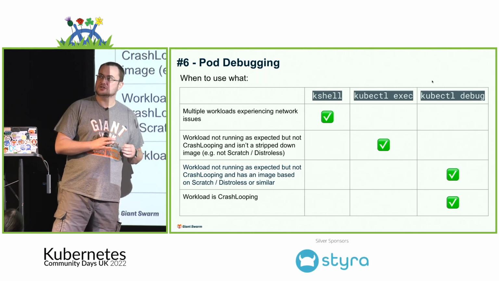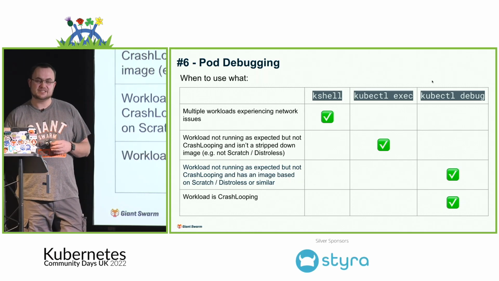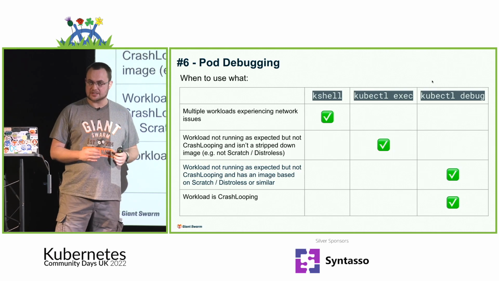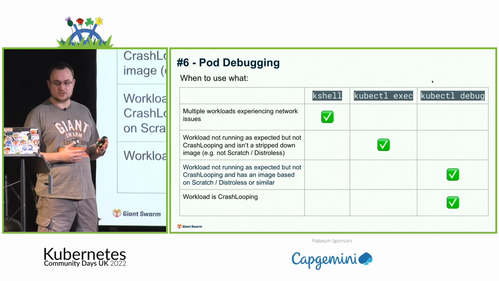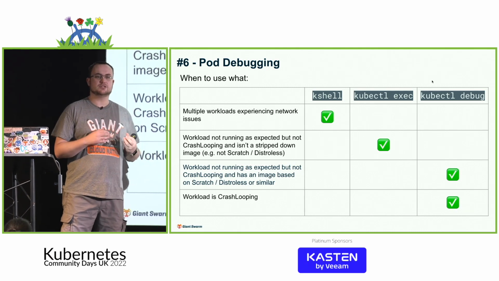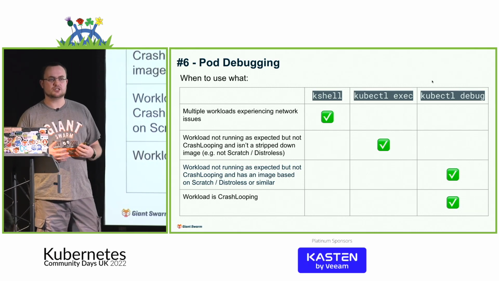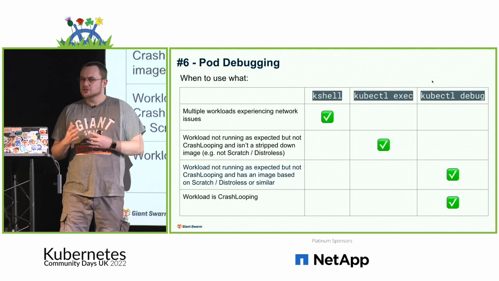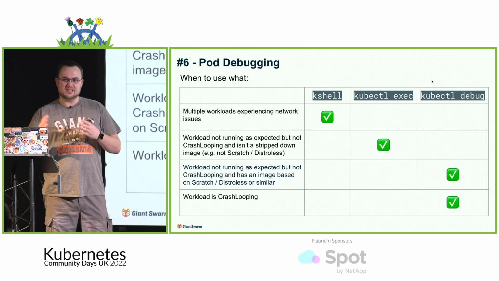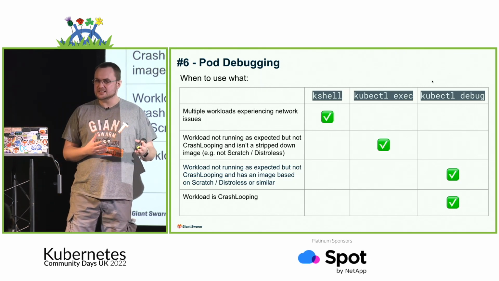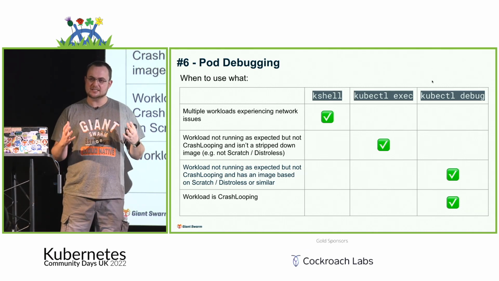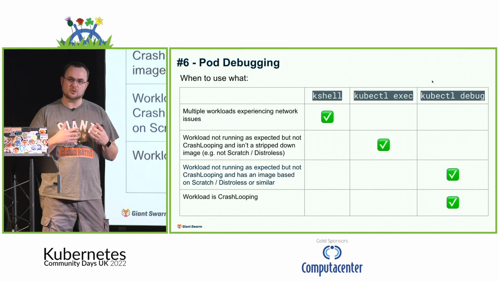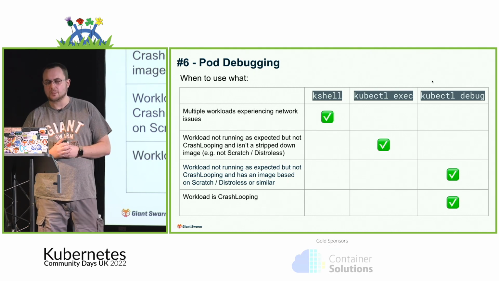So I've touched on three different ways of debugging pods that I use on a day-to-day basis and the kind of scenarios where they are useful. If you are looking at issues that are affecting multiple workloads in your cluster, you're not quite sure what the cause is, maybe networking, maybe something else, maybe some sort of policy-based issue, I recommend starting off with kubectl shell, get a new clean state in there, and you can have a little poke around, see what's going on.